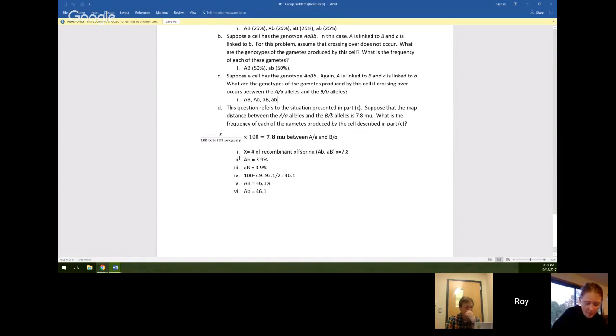The recombinant offspring are the ones that are going to be the least prevalent, which are the two middle ones, capital A lowercase b and lowercase a capital B. They're going to come with a total of 7.8% recombinant offspring. And that's going to be divided two ways for each one of the genotypes, 3.9% of one and 3.9% of the other, and then we find the rest of the progeny.